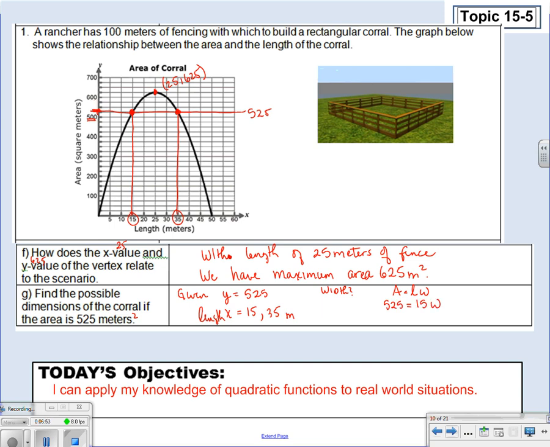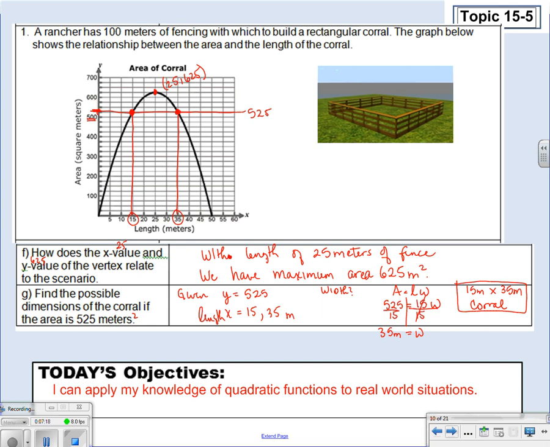I need to figure out what the width is. So we can solve for the width by dividing both sides by 15, and we'll get that the width is actually 35 meters. So that means I will have the dimensions of a 15 meter by 35 meter corral.